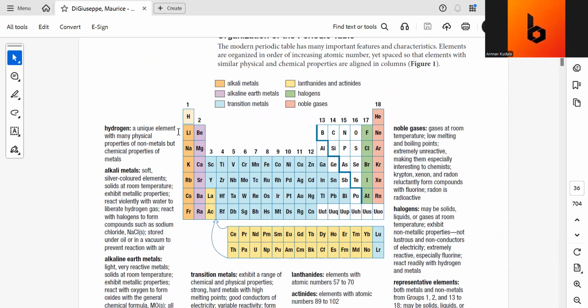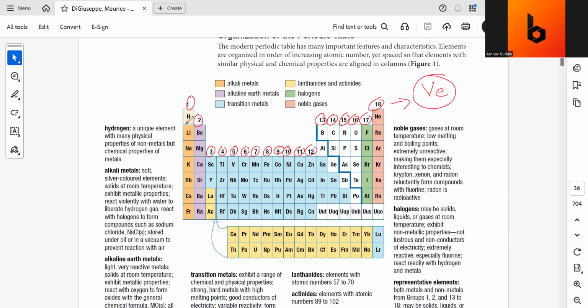When we talk about the periodic table, we know that there are group numbers and period numbers. Can you see the group numbers over here? These group numbers are extremely essential because they help us determine the valence electrons.